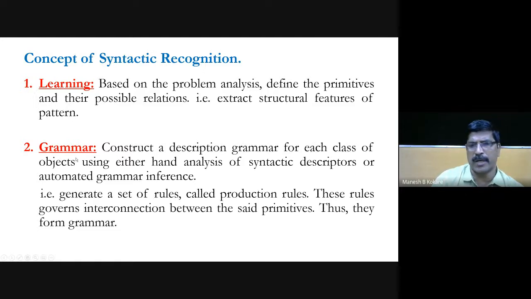The second thing is the grammar. As I said, this is higher level representation or higher level recognition. And you know the difference between higher level language and lower level language, the concept which is used in the computer. Lower level language is basically binary language, which is understood by the computer or your processor. But programming done in a higher level language has a particular syntax and a particular set of rules, and you don't have to do the programming in 1 and 0.